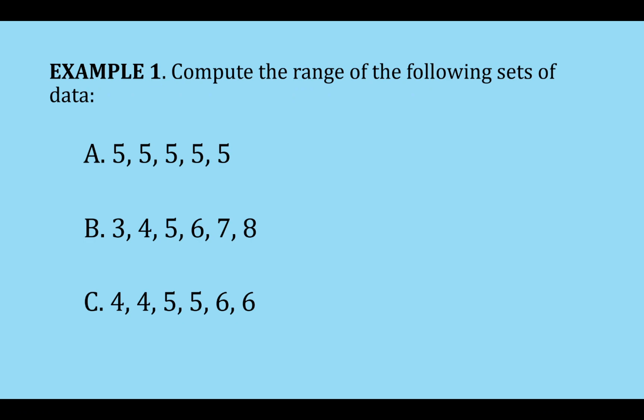For example 1, compute the range of the following sets of data. For A, we have all 5s. Our range here would be equal to the highest value, which is 5, minus the lowest value, which is 5, giving us a range equal to 0.